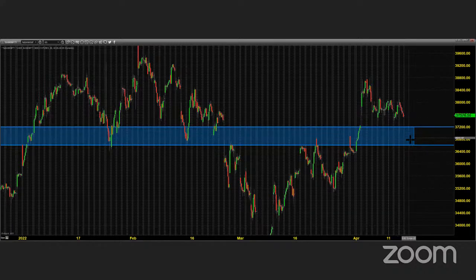Surely you can expect some pressure from the Nifty index, so it can push the Bank Nifty index down, but we feel that the 36,600 to 37,200 zone will act as a very strong support and will try to push the price up. So the key zone to watch for Bank Nifty is 36,600 to 37,200.